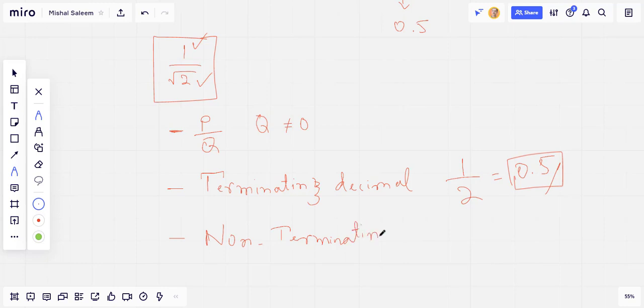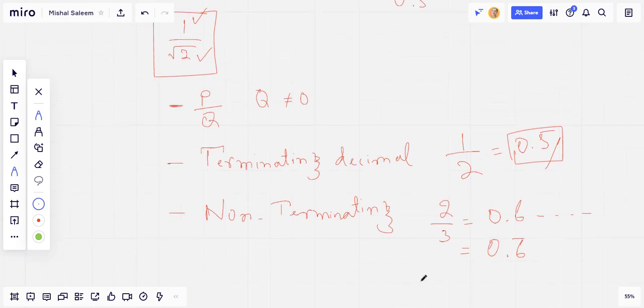Well, if it's non-terminating, then let's say there is a fraction like 2 by 3. When you divide 2 by 3, it gives you 0.666666, a recurring decimal. We just write it as 0.6 with a dot or a bar above the 6, which represents that 6 is recurring.